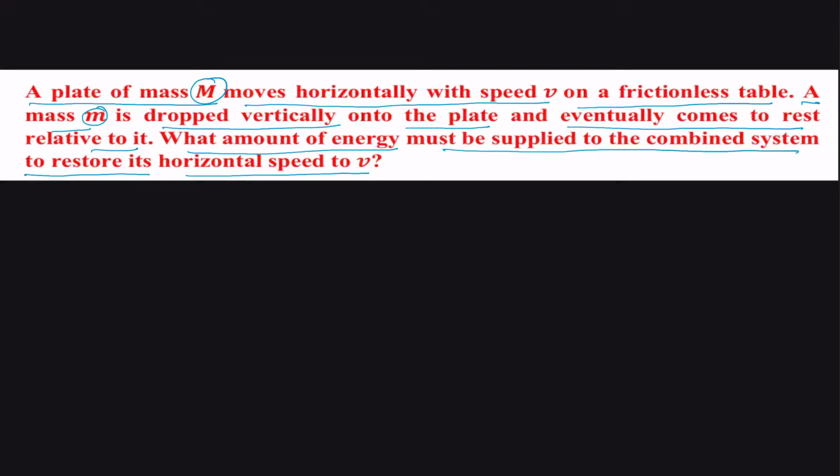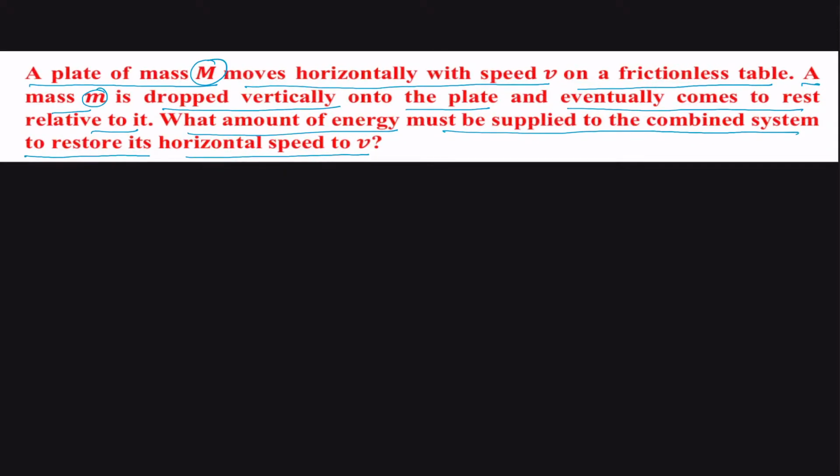So you can just draw the basic diagram also. Suppose this is your plate having mass M and it is moving with the velocity v. At some point of time we are dropping on it a small mass m, and because of this now these two will be moving together. So this will be M plus small m.